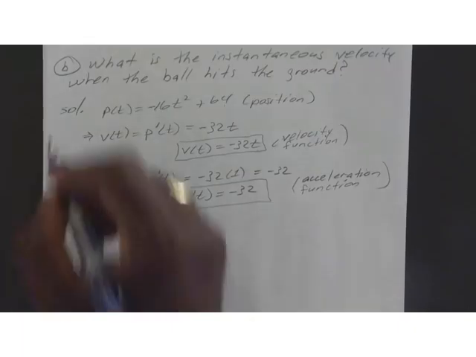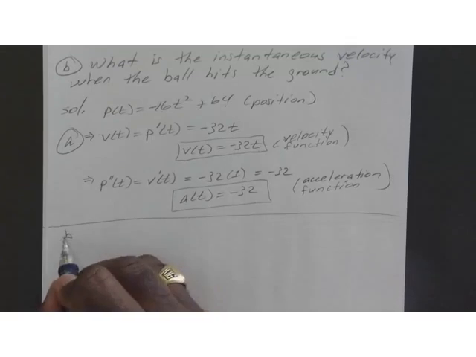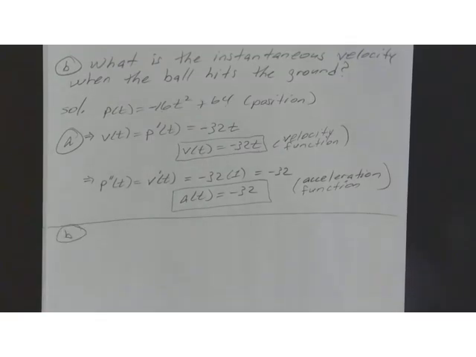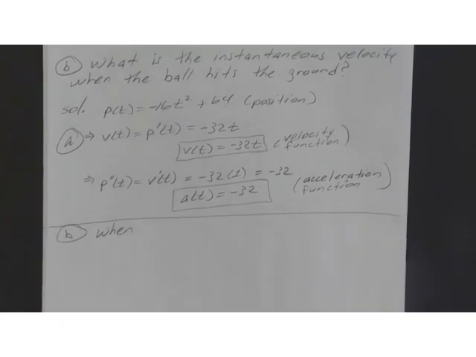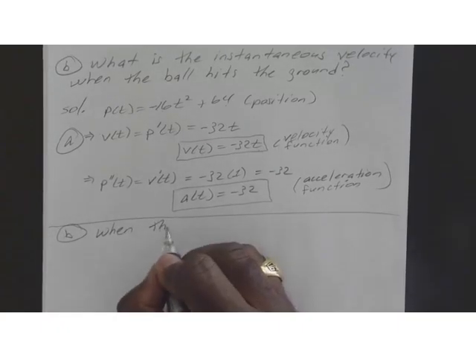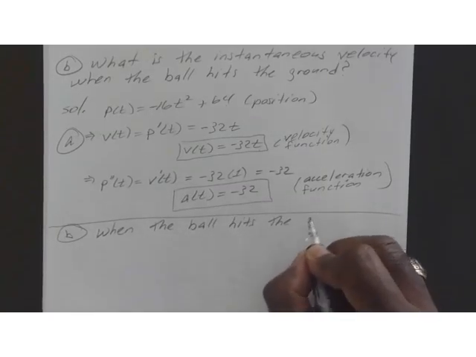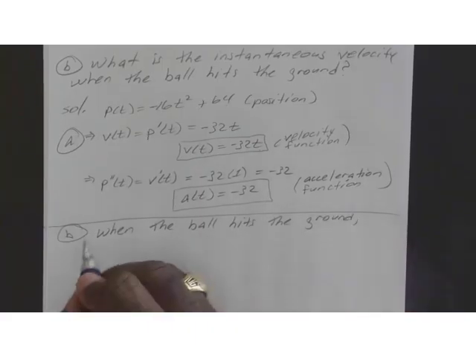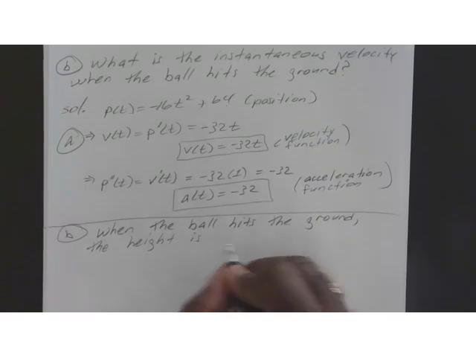Okay. Now for B, let me put A here. We want to know the instantaneous velocity when the ball hits the ground. Well, first we have to find out when the ball hits the ground. We know that when the ball hits the ground, that just means the height is 0.